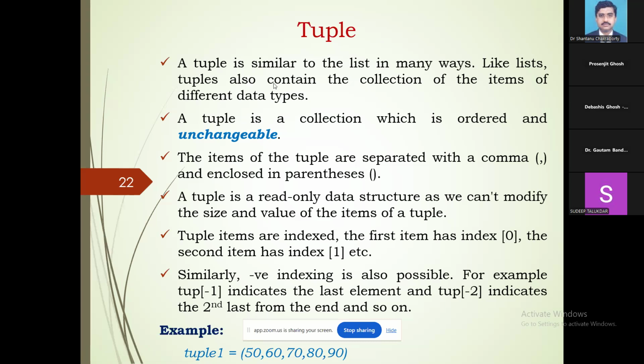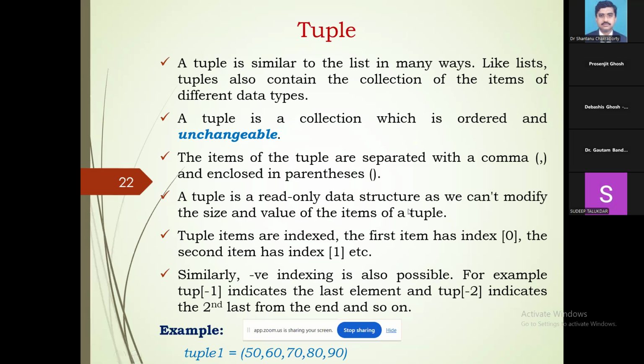The items of the tuple, same as list, are separated with a comma, but enclosed in parentheses, that is the first bracket. So if I use the third bracket, that means list. If I use the first bracket, that means tuple. That's why a tuple is a read-only data structure, as we cannot modify the size and value of its items.